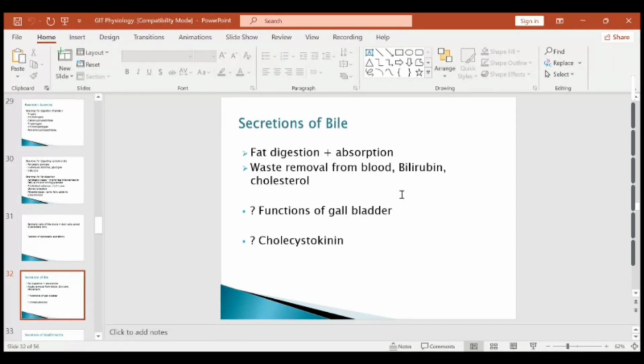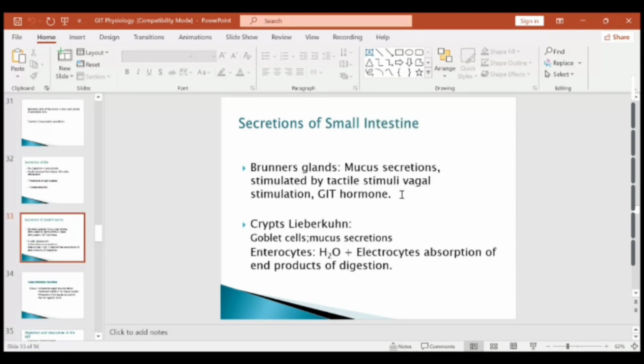And you know it's stored in the gallbladder, and the secretion is under this hormone called cholecystokinin. And the function of storing temporarily at the gallbladder is to ensure we have concentrated it into the highest concentrate possible, such that a very small volume will be required for digestion.